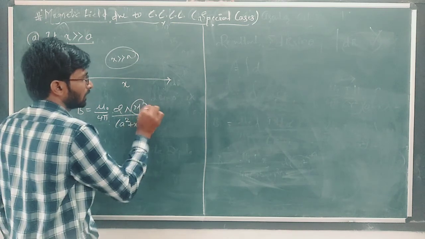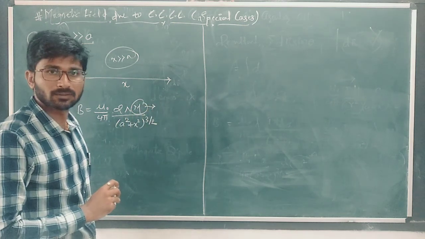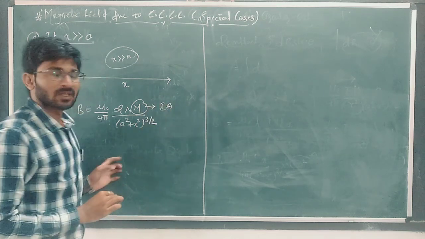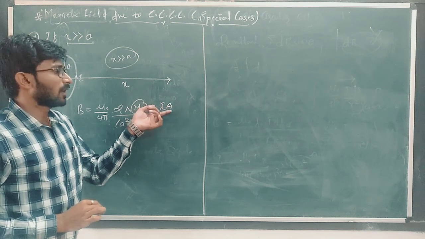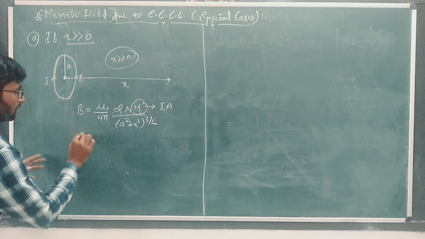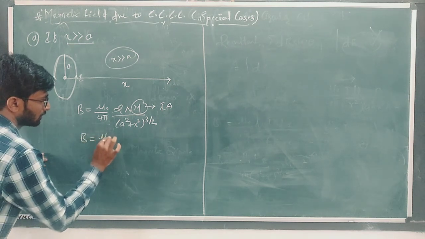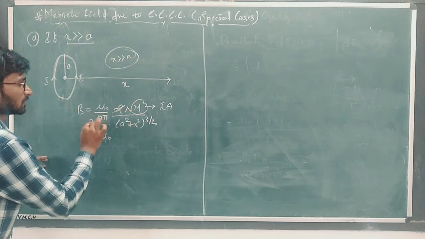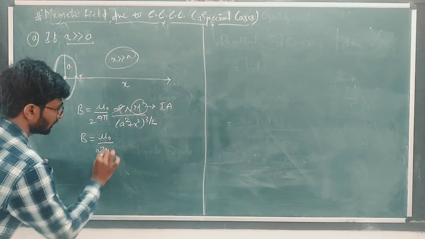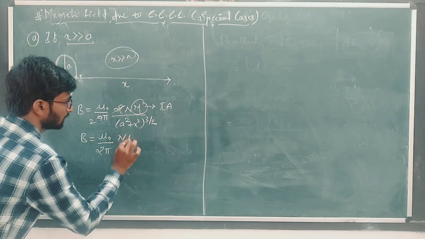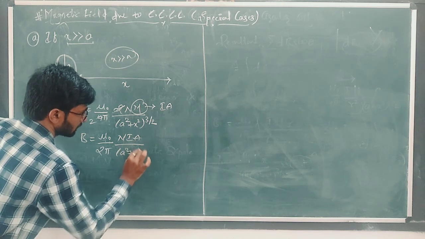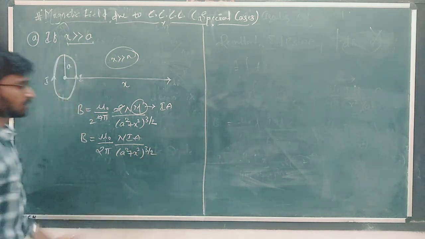Here m is the magnetic dipole moment, which I can write as IA, where I is the current carrying the circular coil and A is the area. If you substitute that, we get mu naught by 2 pi NIA by (a square plus x square) to the power 3 by 2.